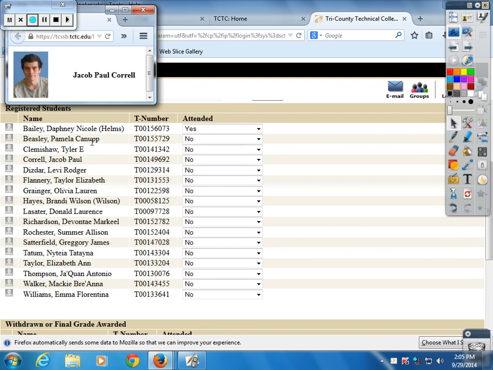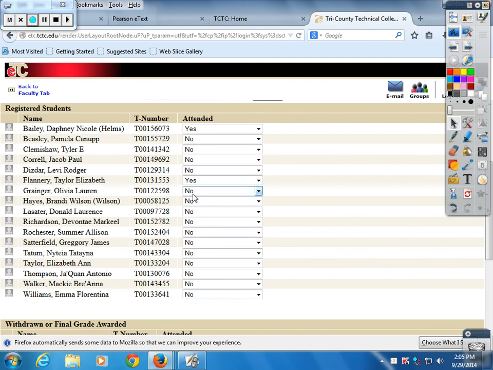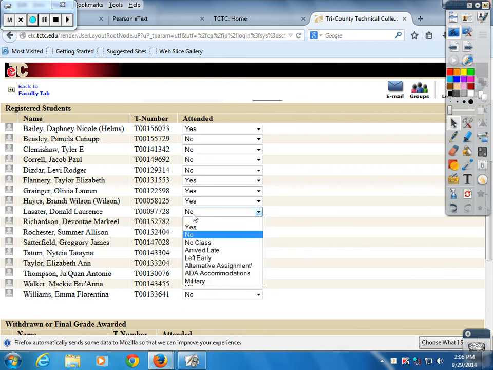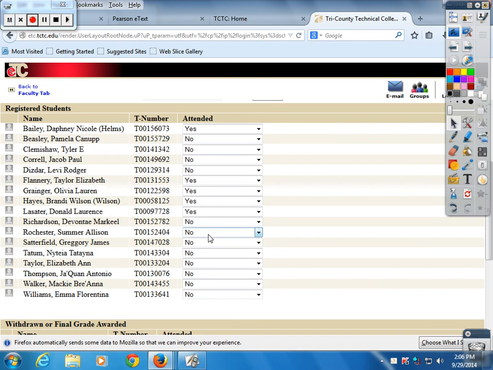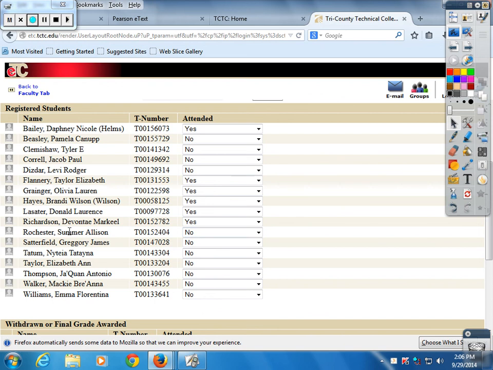Miss Beasley, I don't think Miss Beasley's here. Clemenshaw, I don't think they're here. Corral. Dizdar. Flannery is here. Granger is not here. Hayes is here. Lassiter is here. Richardson is here. Rochester is not here.